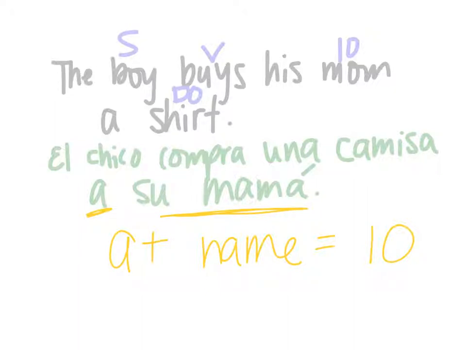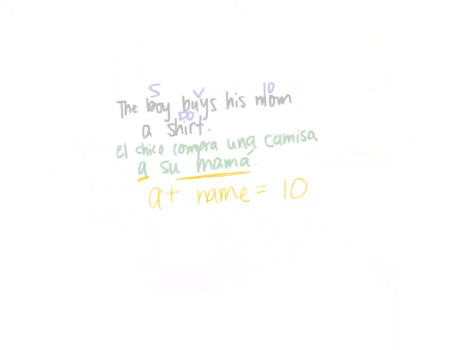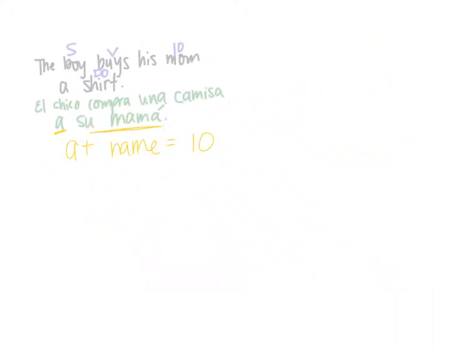But we want to convert this to a pronoun, right? So how would I convert this to a pronoun? Well, what would this stand for? Su mamá, it would be her, right? So her would be le. Le is an indirect object pronoun.